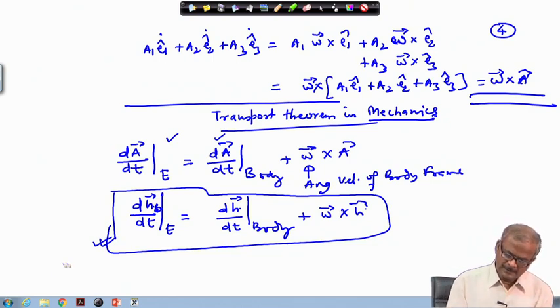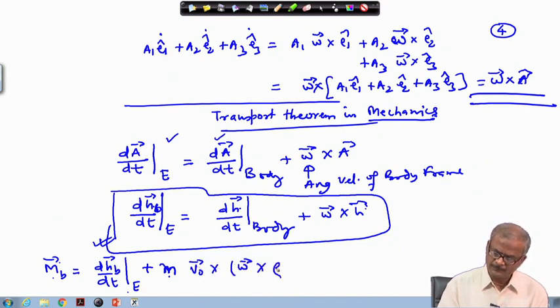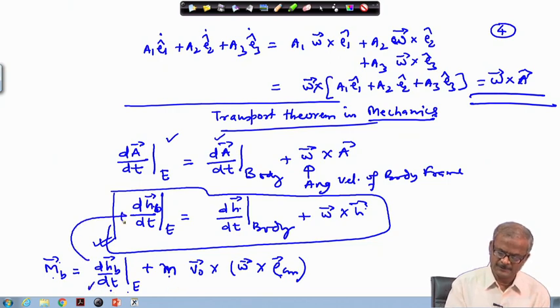What we developed earlier was M_B, the torque, equal to dh_B by dt with respect to the E frame, that is, the inertial frame, and then we have written m times, where this m is not the same, this is the mass, so maybe we can indicate it by the small m. Then of course we have the other terms like V0 cross omega cross rho_cm, and if rho_cm becomes equal to 0, this term drops out, and the term dh_B by dt is present here.